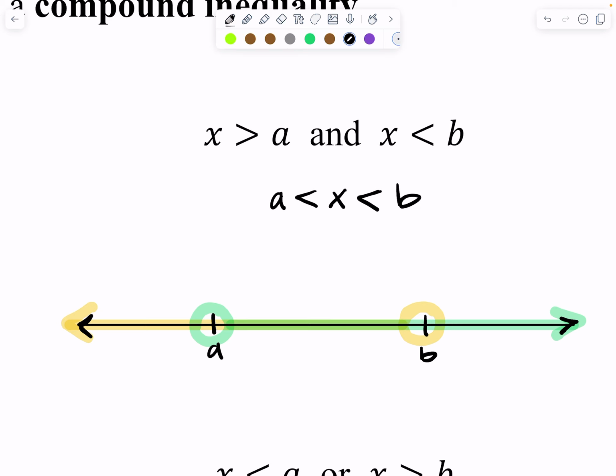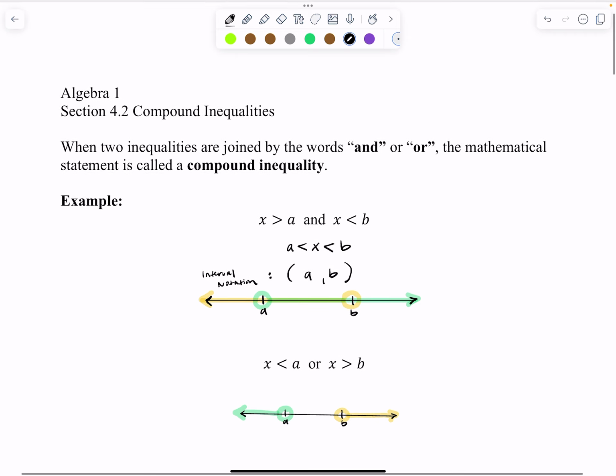Just translating this and reading the number line, I would want to say that the solution set is the interval from A to B, like this. This would be the interval notation for that interval of numbers.